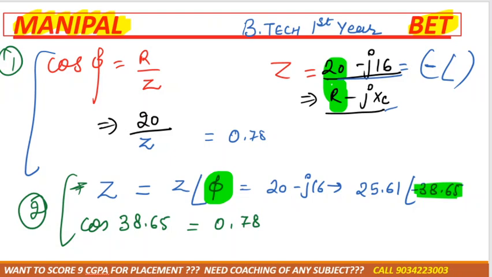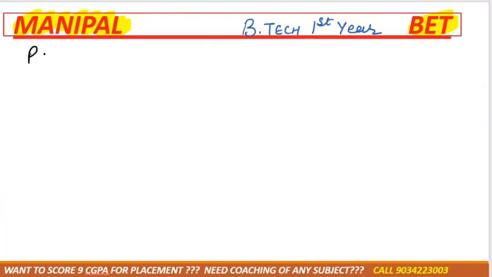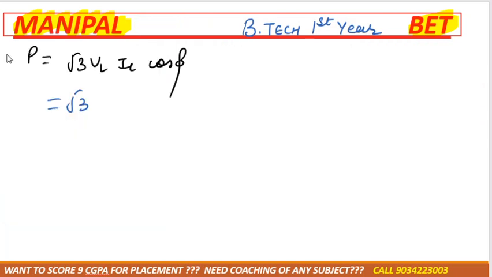Now you need to calculate the active power, reactive power and apparent power. As you know, the formula for active power is root 3 VL IL cos phi. See, in the power formula, VL means the line voltage. They have already mentioned it. I told you VL is how much? 300 volts. So root 3 multiplied by 300, multiplied by the current.